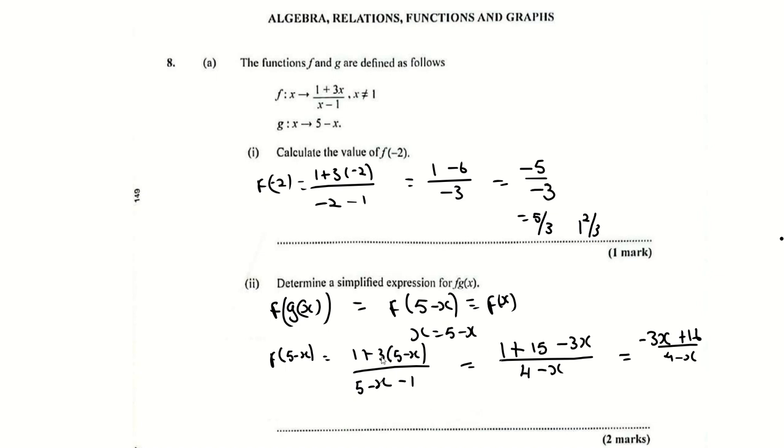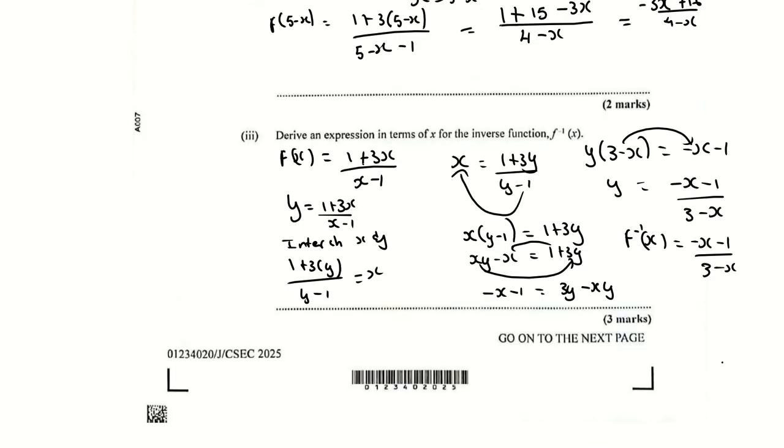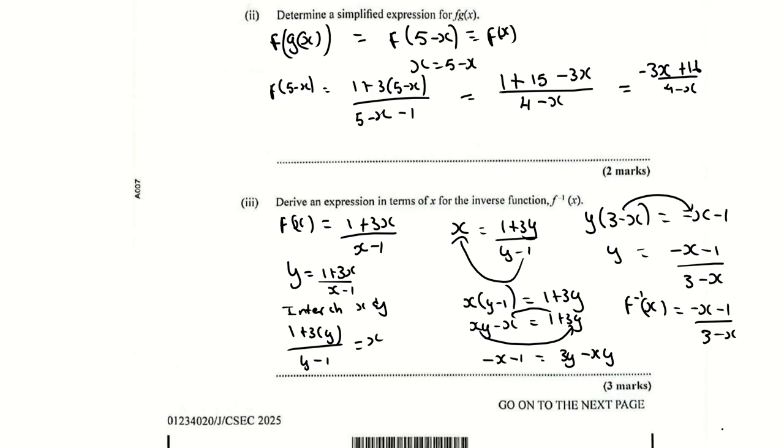Which, when I multiply it out, I'll get 1 plus 15 minus 3x over 4 minus x, and this is the value that you're going to get, and that's the simplified version of fg of x.